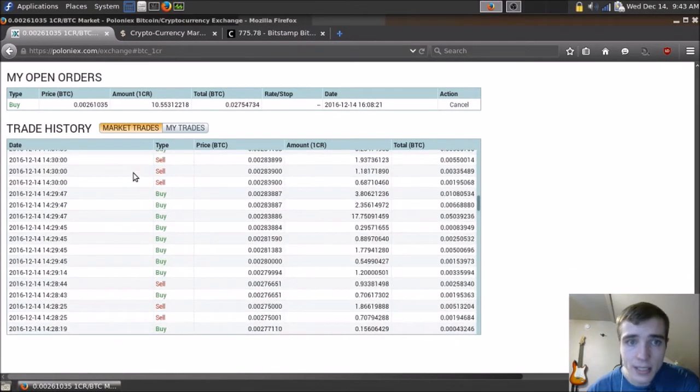So these are actually the trades that have taken place, which means two people, one person that wants to buy 1CR and one person that wants to sell some, met on an agreement in price, and the exchange handled the transaction, and now both people are happy. Somebody got their 1CR for the price they asked for, and somebody sold it for the price they were asking for.